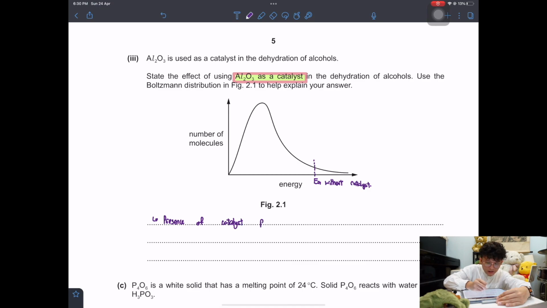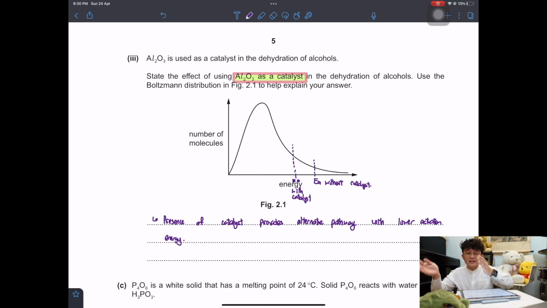It provides an alternative pathway with lower activation energy, right? Correct. So you see right now, that will be my EA with catalyst. You see that it has successfully reduced the EA way more.